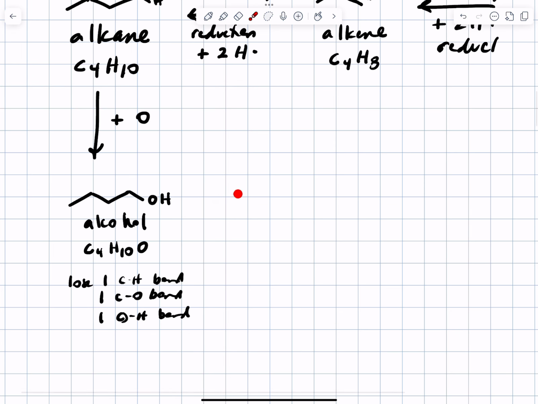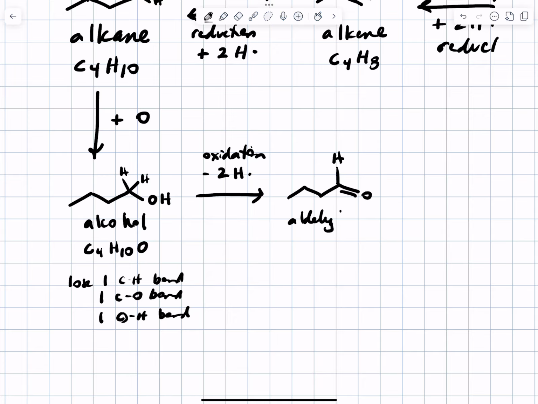You'll see that if we remove two hydrogen atoms, that's oxidation of the alcohol to an aldehyde. The aldehyde's formula is C4H8O, so you can see the loss of the two hydrogen atoms.